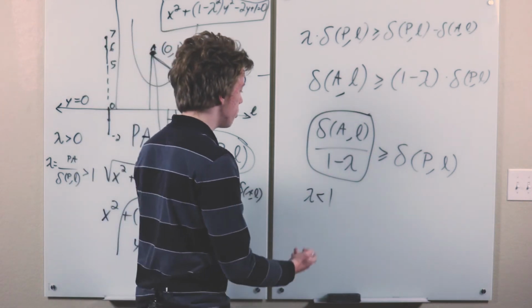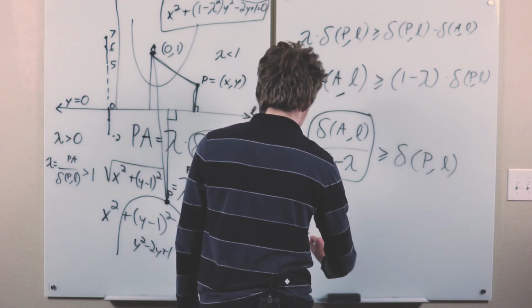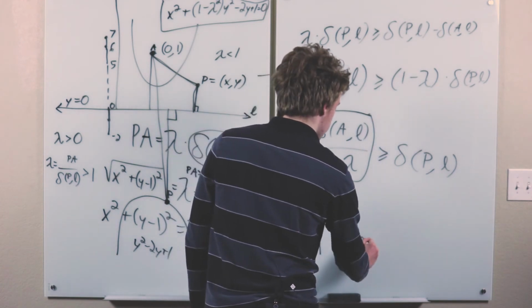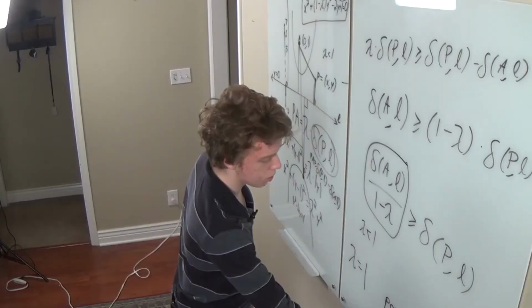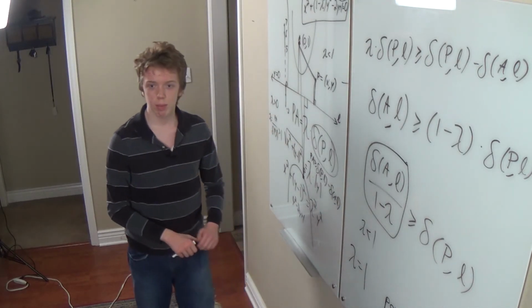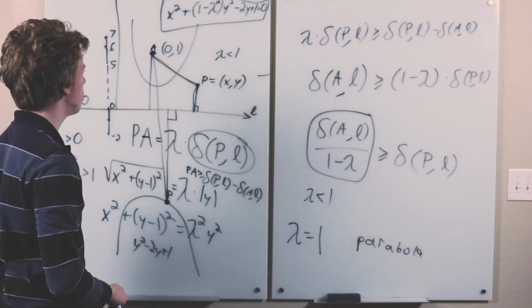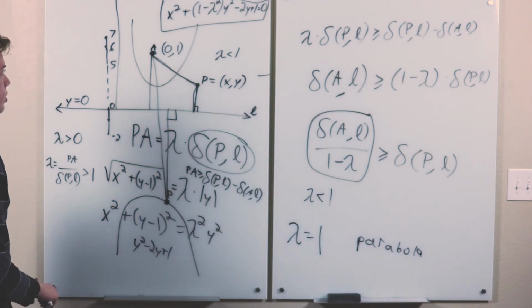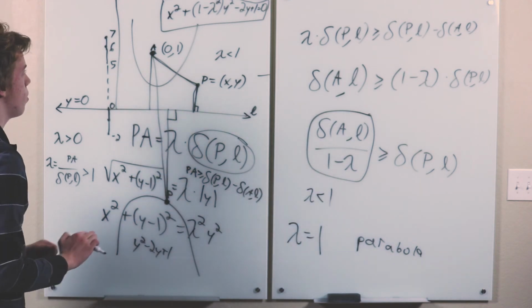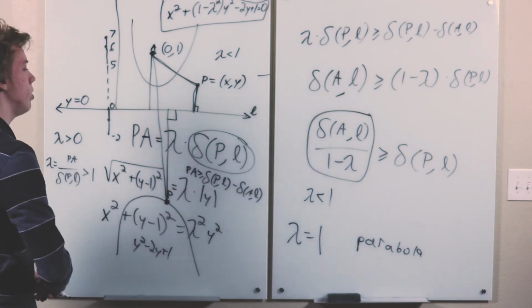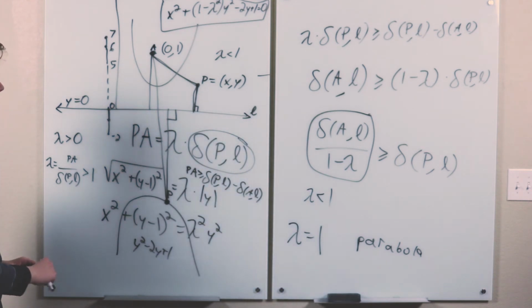And so we've got one case left and one curve left, the parabola. By the process of elimination, or perhaps you'd want to do more rigorous reasoning, the curve corresponding to the lambda equals 1 case is the parabola.